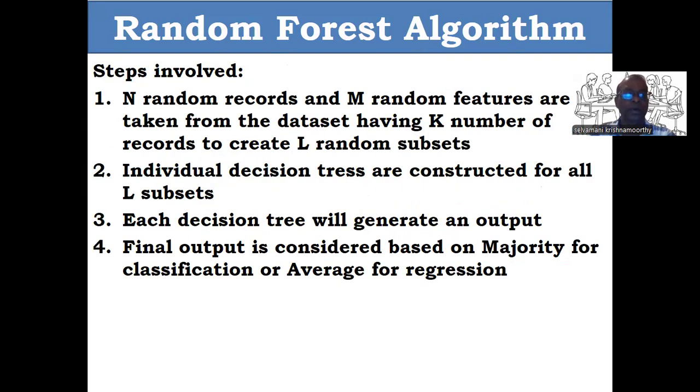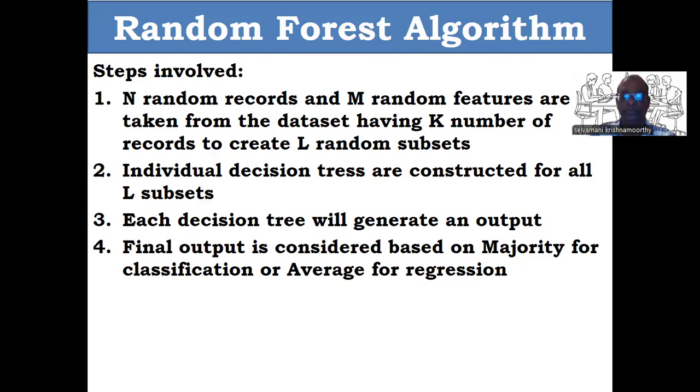Okay, see here. What are the steps involved? We have one data set. That data set has k number of records. Out of these k records, we randomly select n records, very few records, and randomly select some columns from the data set, to create L number of random subsets.